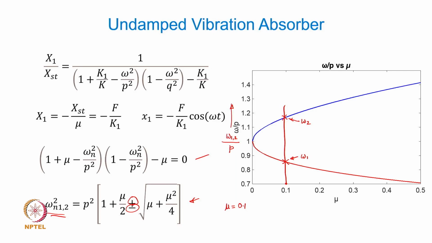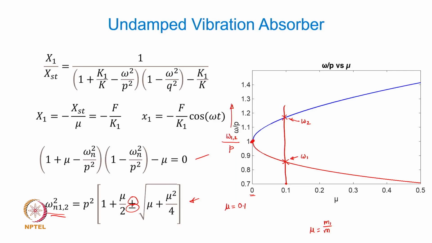And it is expected, because when there is zero mass ratio, what does that mean? mu is M1 by M, so there is no M1, there is no auxiliary system. So obviously when mu is equal to 0, you have omega n equal to p, that is your parent system.